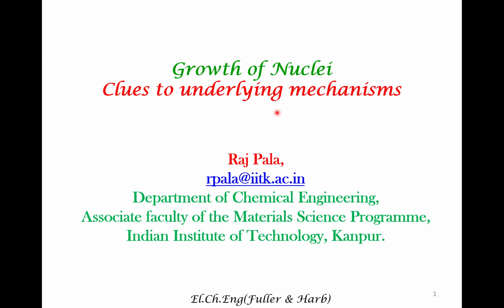So the way research is done in this field is you make some measurements, and then there are some models, and connecting the experimental measurements to phenomenological models gives you a clue on what is the dominant mechanism. We'll try to illustrate as we progress in this lecture.